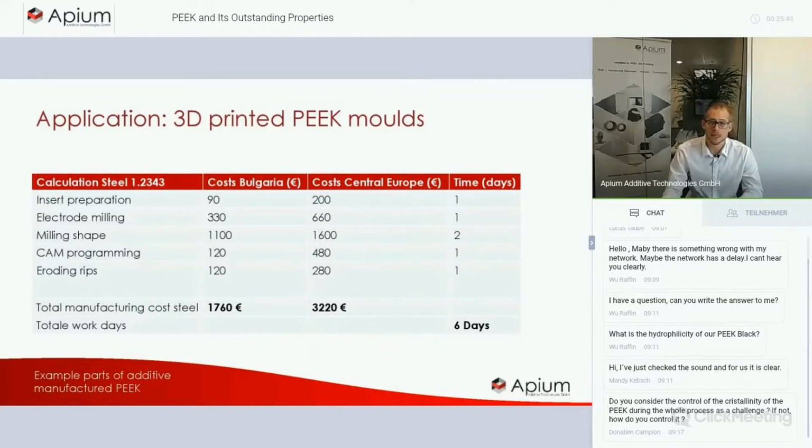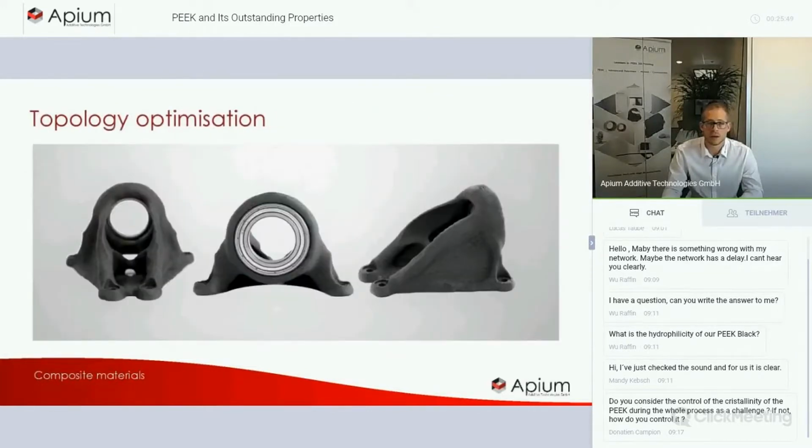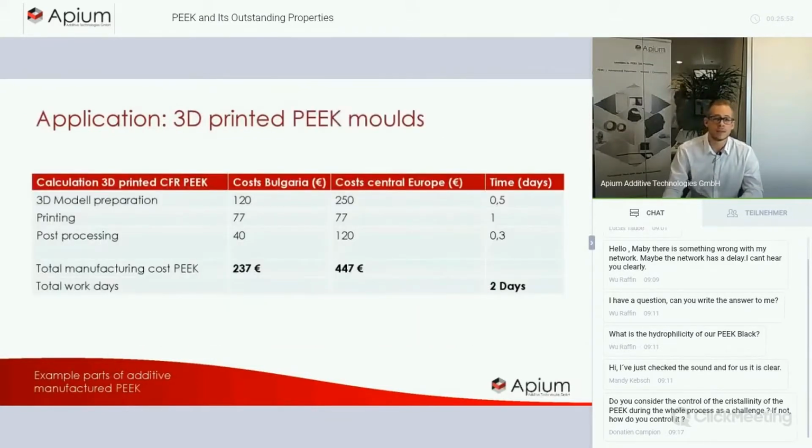And in comparison, what they did when it comes to FFF printing, it was only 1 second. They did a model preparation, which cost them half a day and about 250 euros in Central Europe.